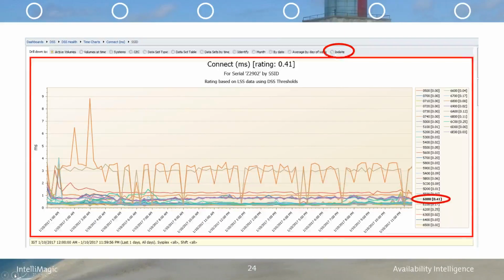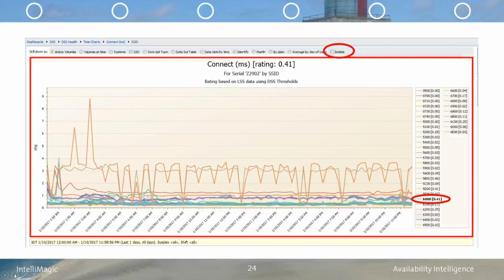All the other SSIDs are healthy. You can see that because on the right there's the list of SSIDs, and the only one that's bolded is the one that has too high a rating and is actually red. So we help you narrow it down very quickly by seeing that one highlighted SSID.